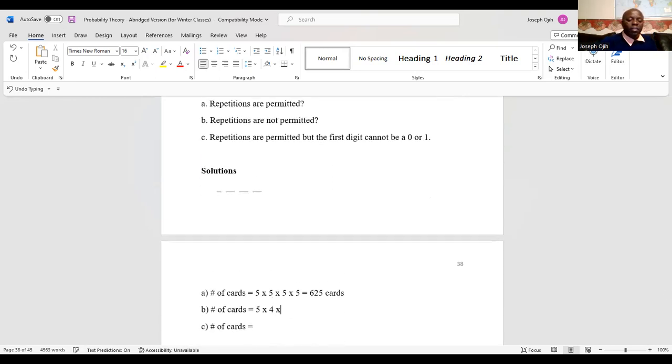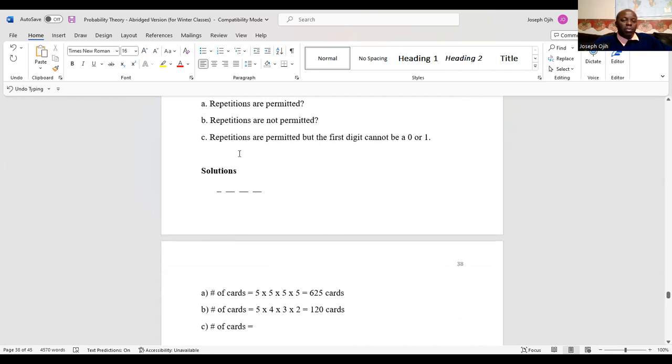There are 3 possibilities for the 3rd slot and 2 possibilities for the 4th one. That gives us 5 times 4, which is 20, times 3 is 60, times 2 is 120. If repetitions are not permitted, there are 120 cards.